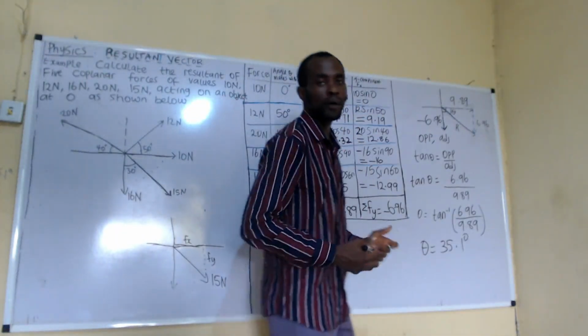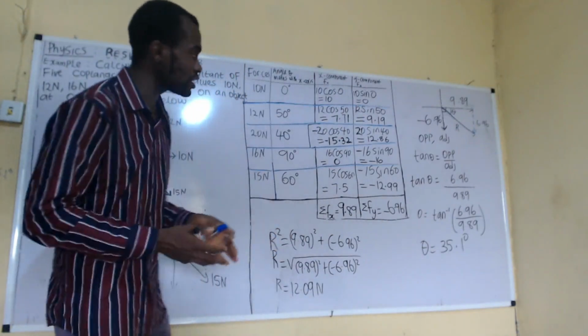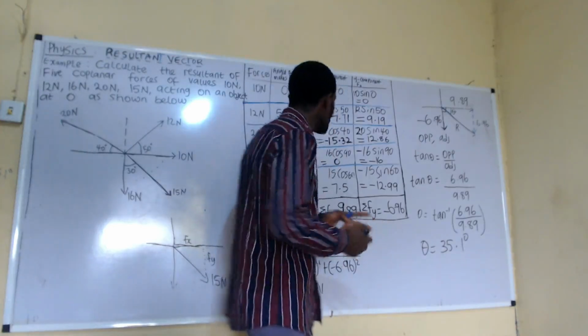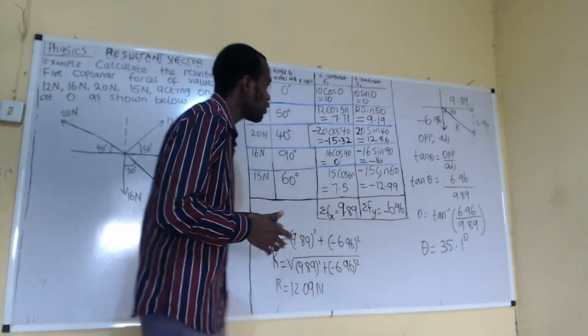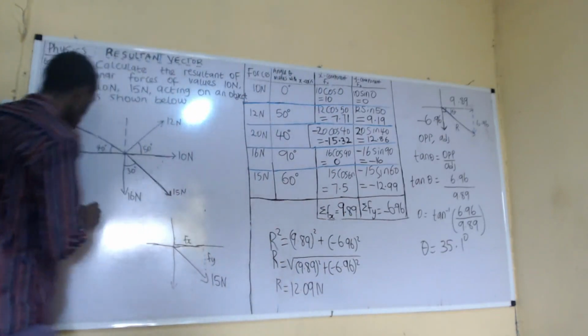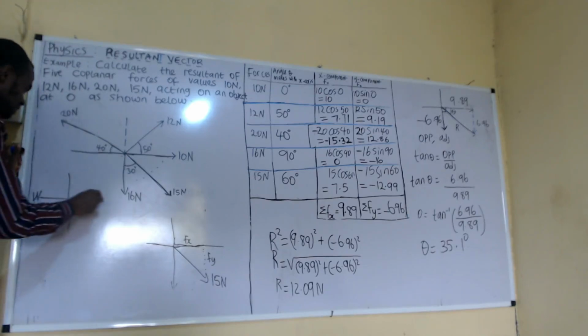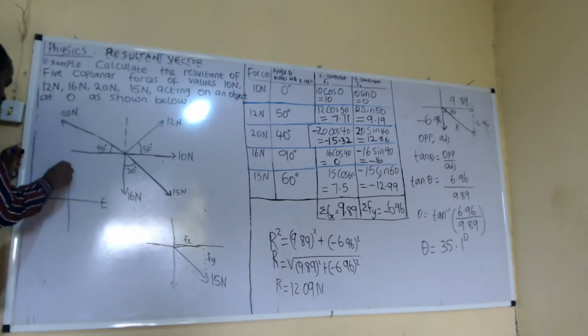So this gives us the direction. But if you want to move further and you want to put it in bearing form, then we have to use the four cardinal points, which is west, east, south, and north.